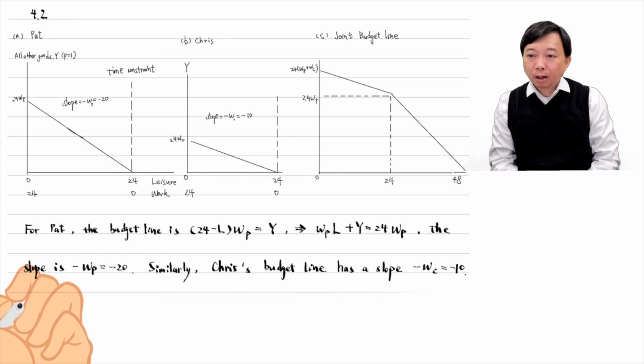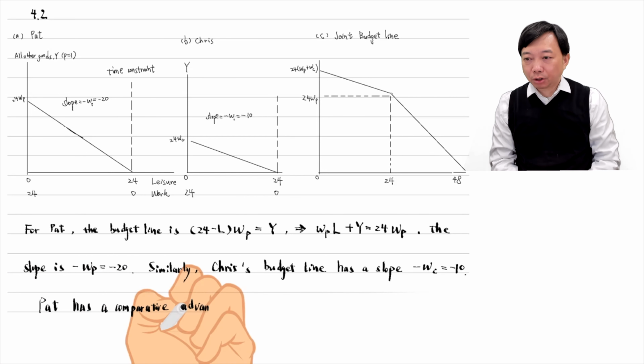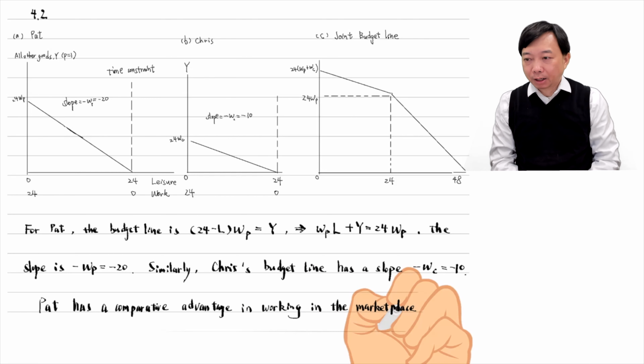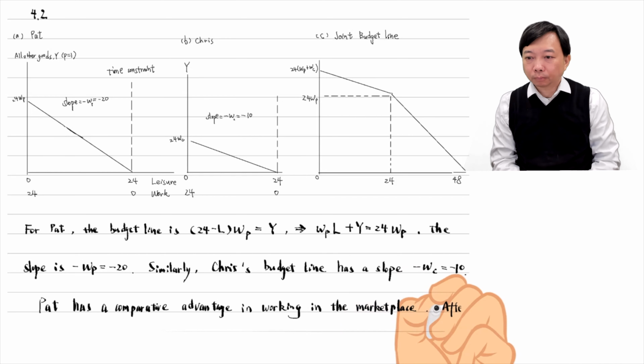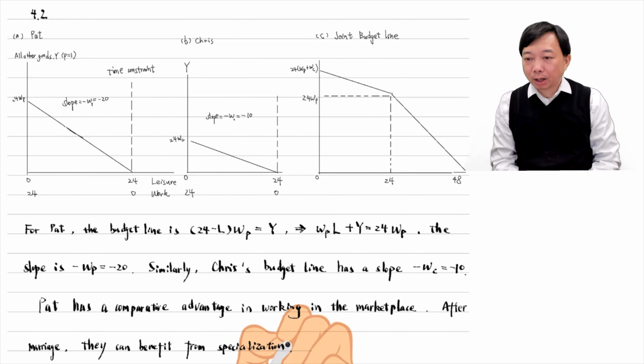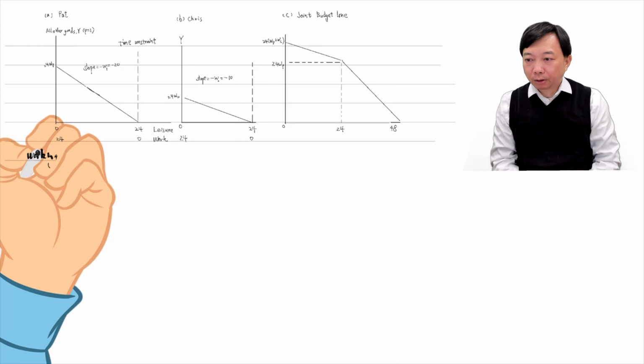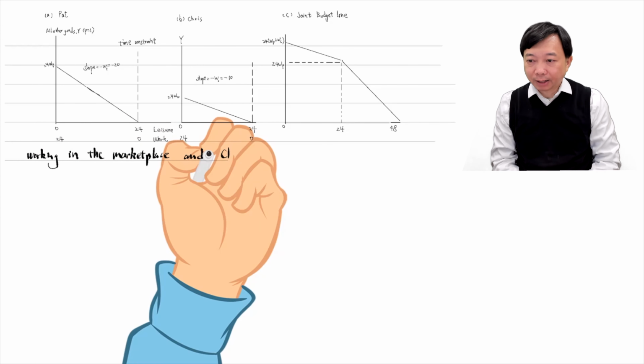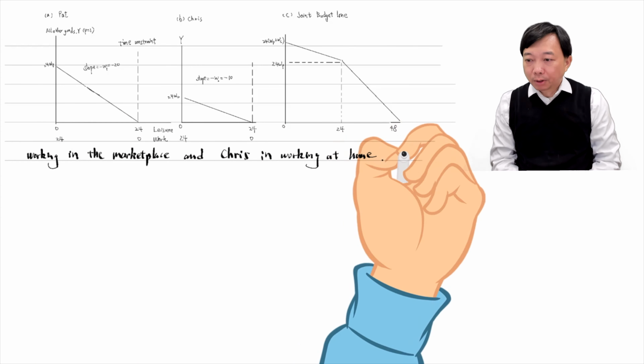Pat has a comparative advantage in working in the marketplace, and Chris has a comparative advantage in working at home. After marriage, they can benefit from specialization. Pat can specialize in working in the marketplace and earn money. Chris can specialize in working at home.